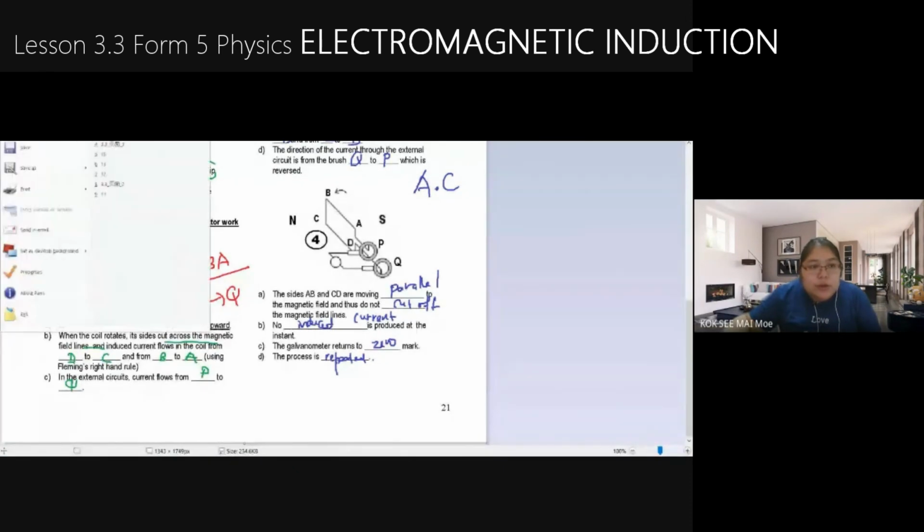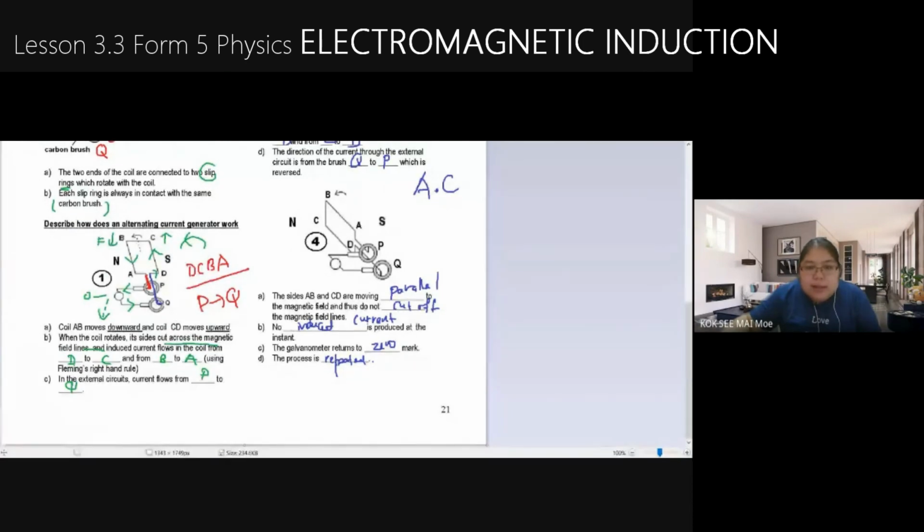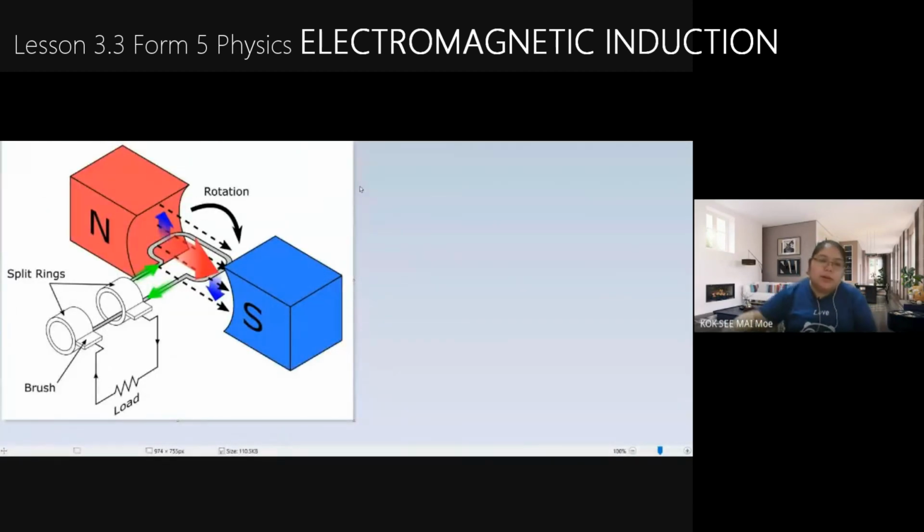So I show you the diagram. Same diagram again, but now it's AC. This part has two slip rings. Can you see the wires I am talking about, the longest and the shortest? The longest one joins with this ring, and the shortest one joins with this ring.